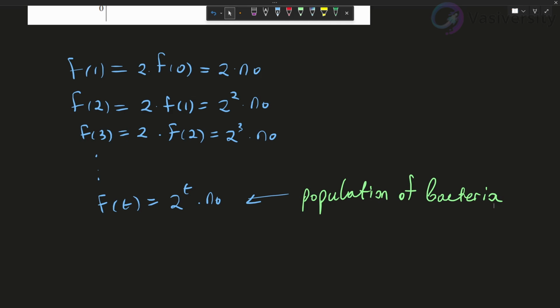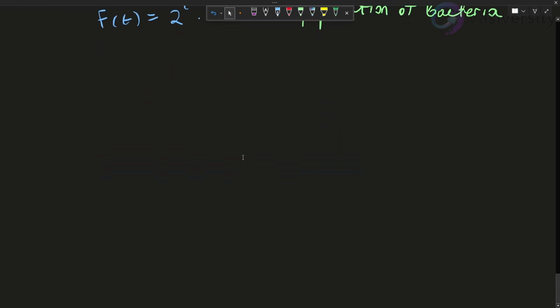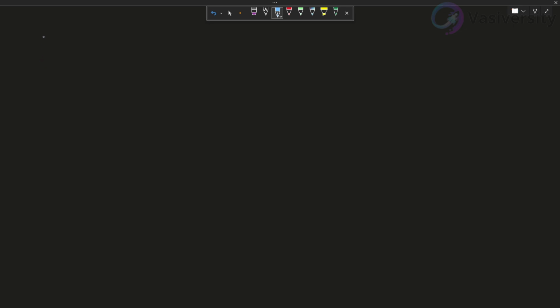Last thing, of course, there are plenty of applications in engineering, and we will be doing a lot of engineering problems as we move forward. But the last thing I want to touch on here is economics. So it is also used in economics.